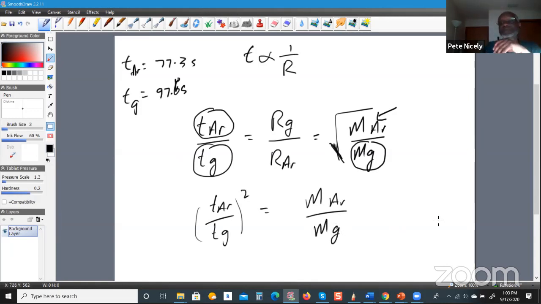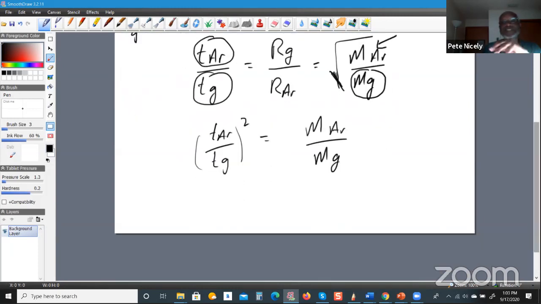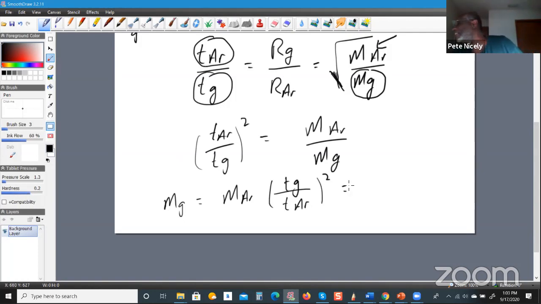So if we solve for the molar mass of the unknown gas, molar mass of the unknown gas would be equal to the molar mass of argon times the time of effusion of the unknown gas divided by the time of effusion of argon, and all of this squared. And all we have to do now is plug in the numbers.